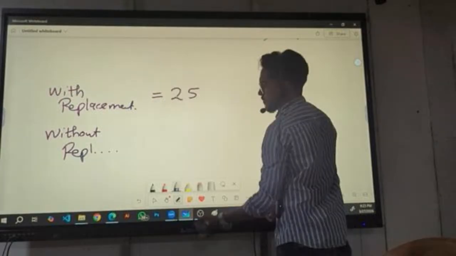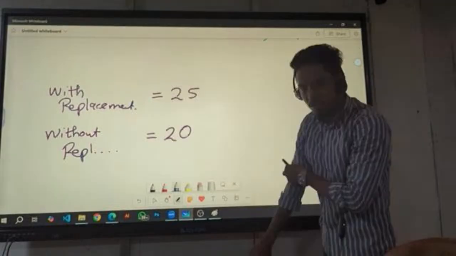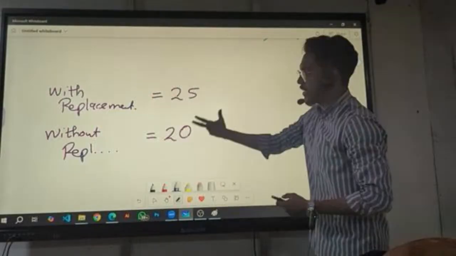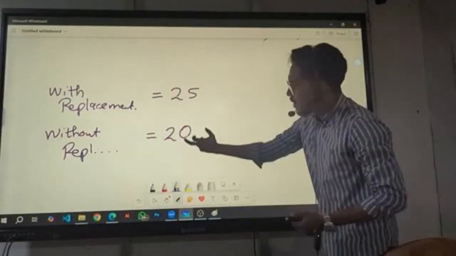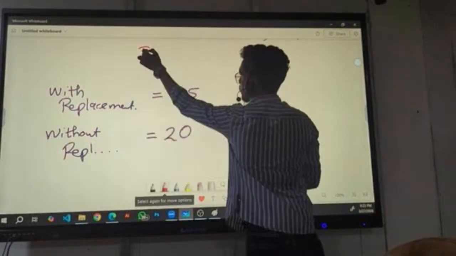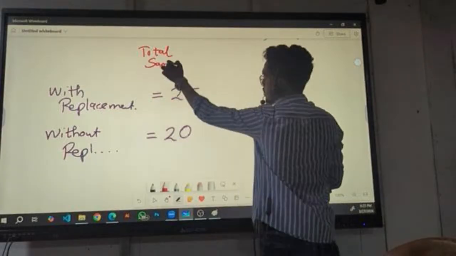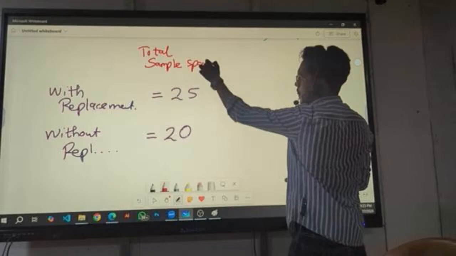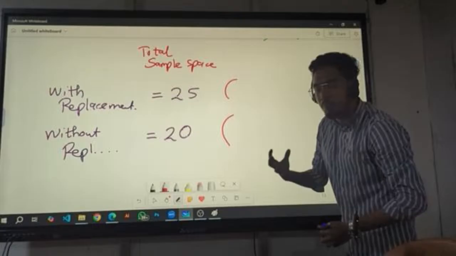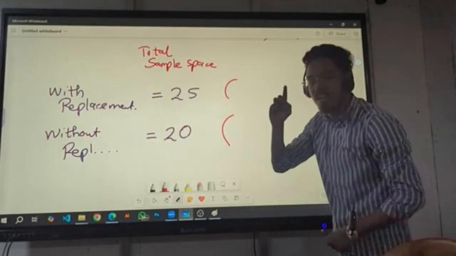In without replacement, we got 20. Can you remember this? Now we have a small tip for this. How do we get the total number of sample spaces? We simply multiply the number of elements in the first row by the number of elements in the second row.